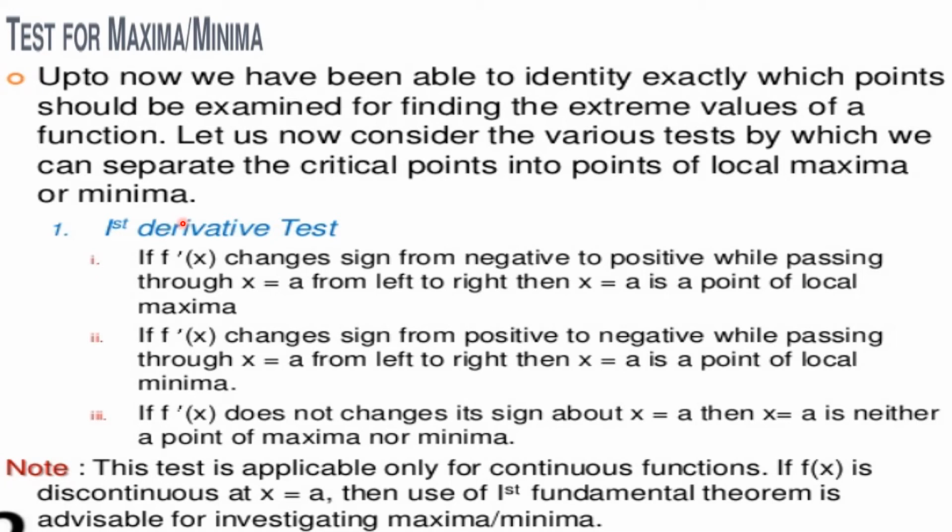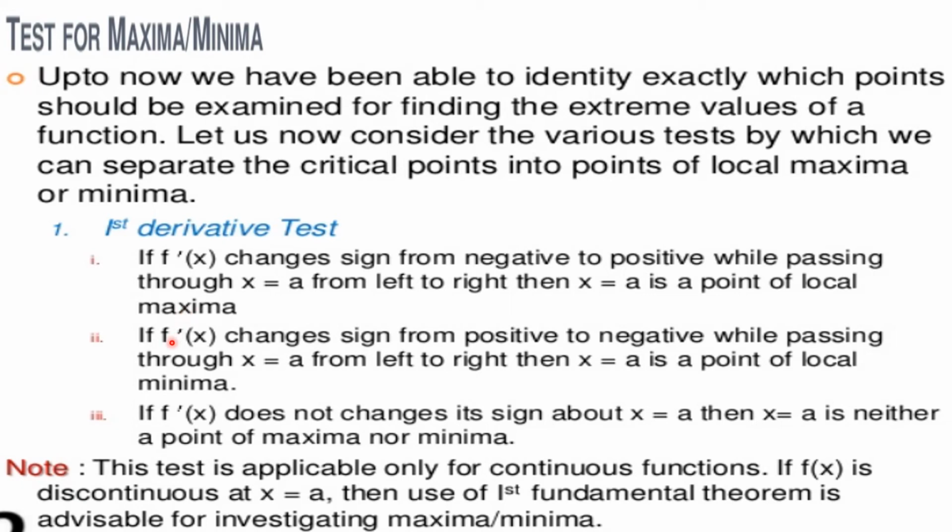Okay, my children, this is the first derivative test. If f dash of x changes sign from negative to positive while passing through x is equal to a from left to right, then x is equal to a is a point of local maximum. Previously we have discussed that point also.